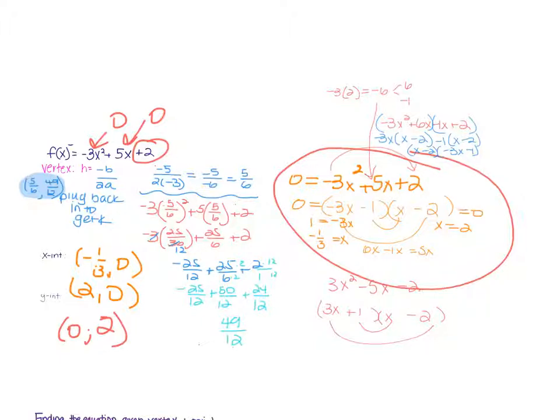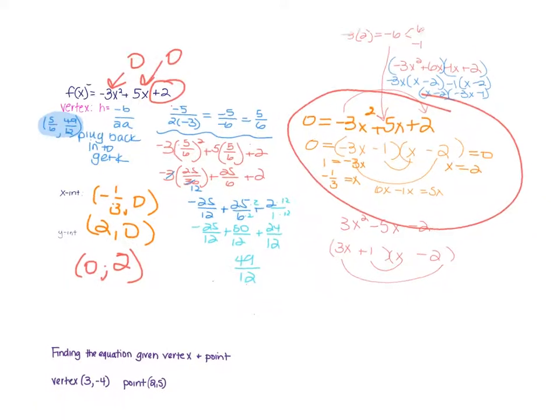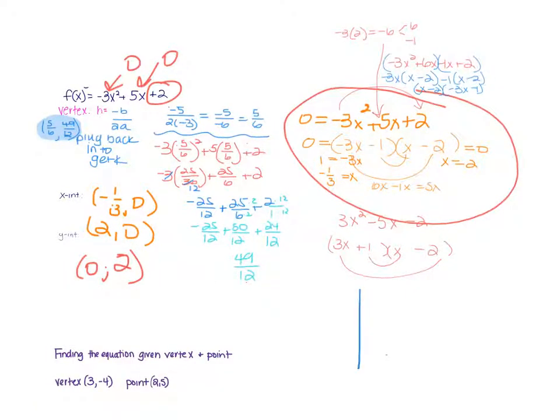And then I would use all that information to graph my parabola. I would plot my vertex, and I would plot my intercepts. For this, it's going to be enough information to graph. If it wasn't, you can plot some additional points. So I've got negative 1/3, 0, 2, 0, and 0, 2.